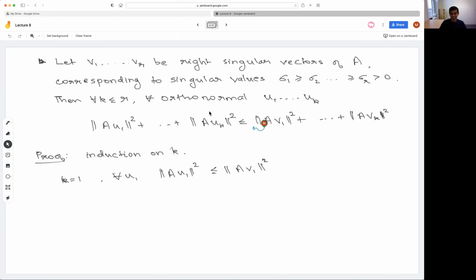What is this quantity? Sort of norm of A times V1 squared. Anyone knows? You can also speak up if you like, you don't have to use the chat. Can you say the question again? Yeah, so I'm asking this norm of A times V1 squared, we exactly know what this quantity is equal to.